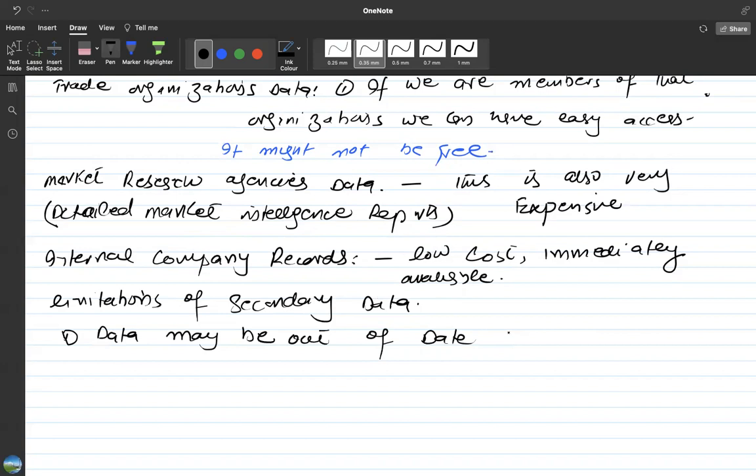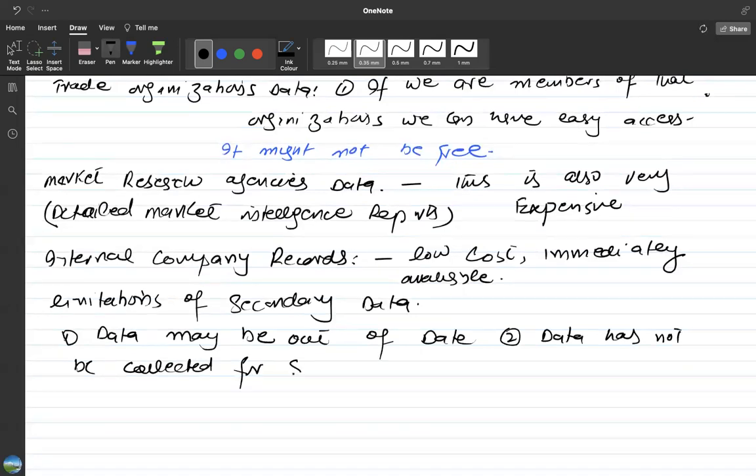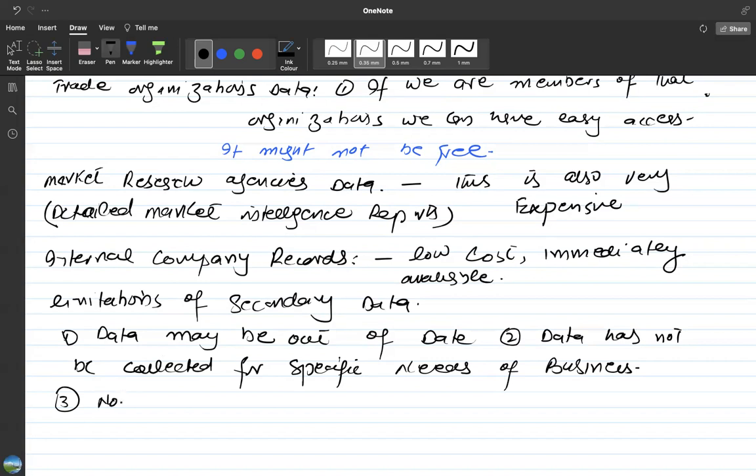Second, the data has not been collected for the specific needs of the business. Someone else has collected it for their own purpose. Three, not all secondary data is available to potential users.